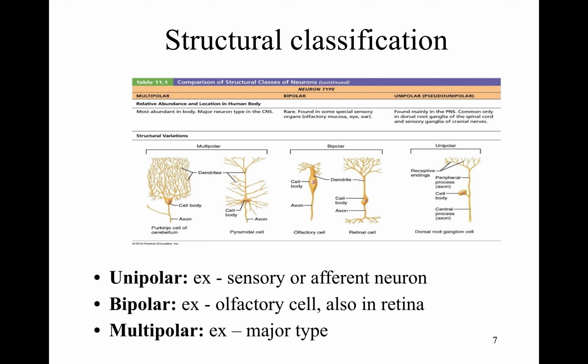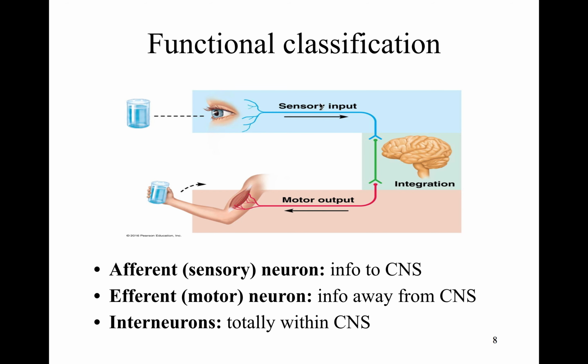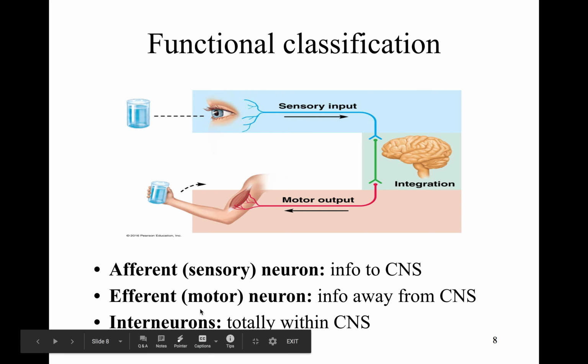Like I mentioned, that dorsal horn is going to contain primarily interneurons. Interneurons is a functional classification of a neuron. So interneurons are exclusively within that central nervous system. So in the dorsal horn of gray matter, we have interneurons.